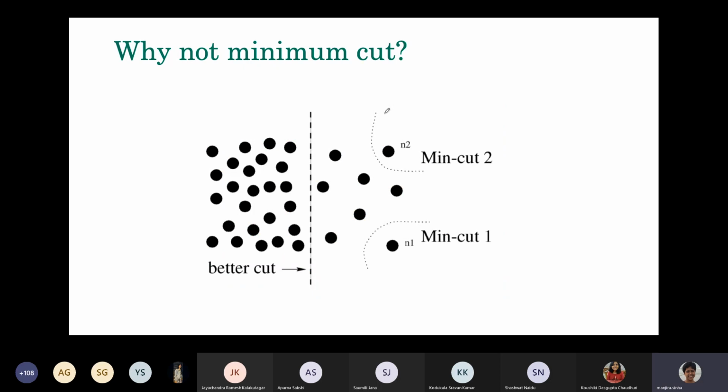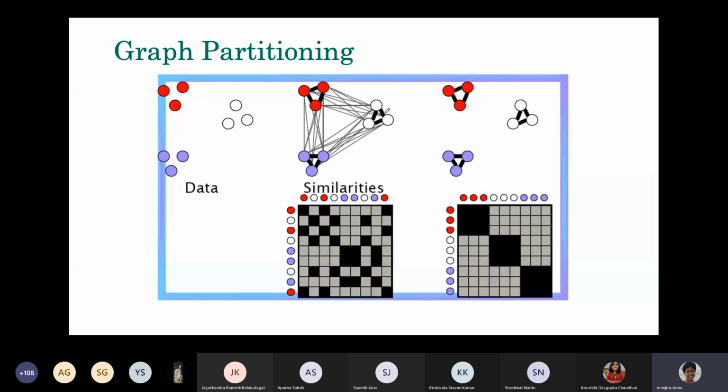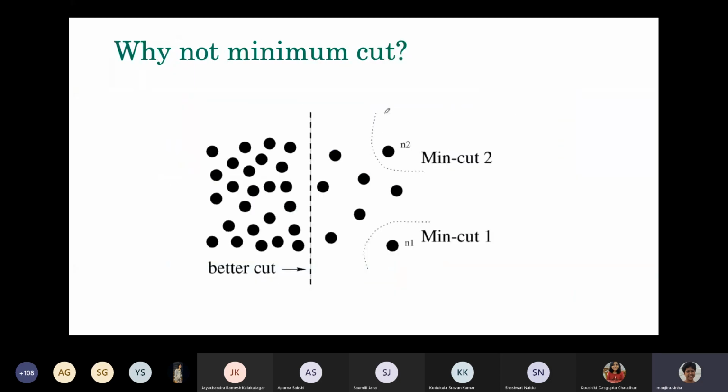So now, why do we not use minimum cut in spectral clustering? Say we have a node representation. Why are we not using minimum cuts and why are we using spectral clustering? If this is my graph representation, the min cut algorithm will lead me to two sets of graphs, two subgraphs, where we have the minimum number of edges between them.